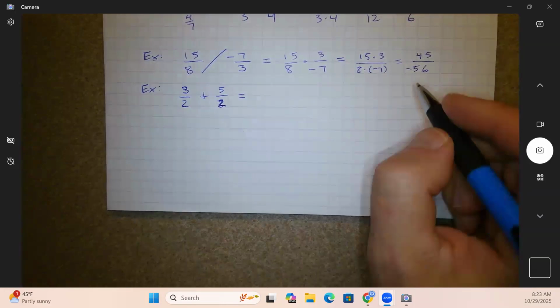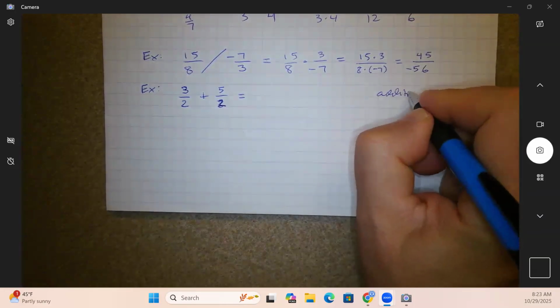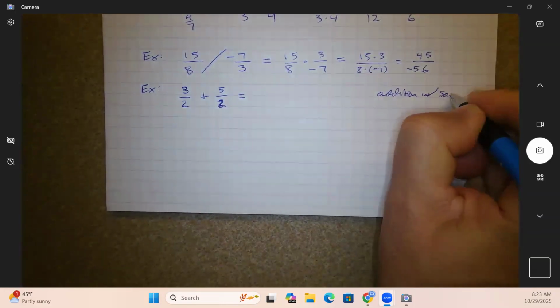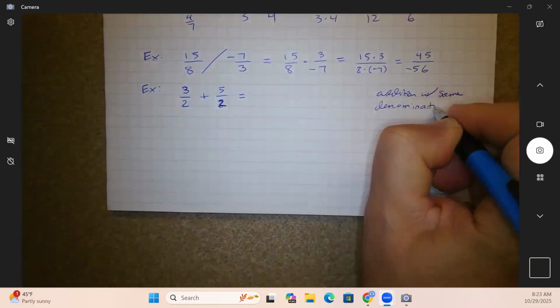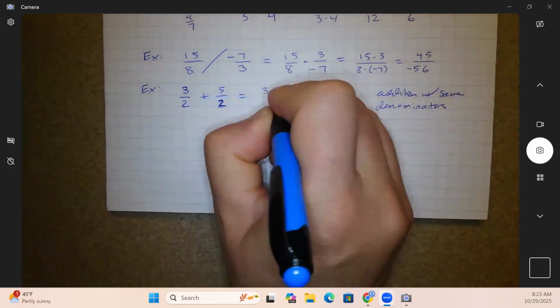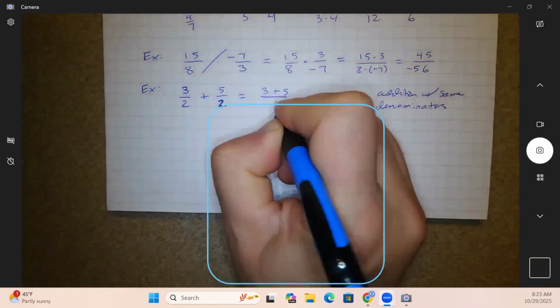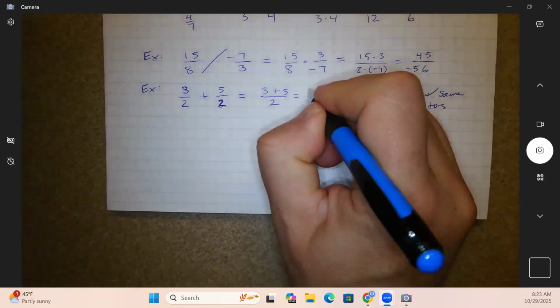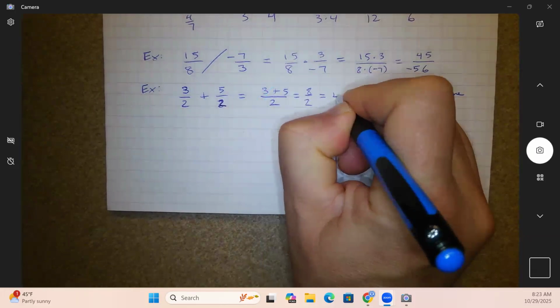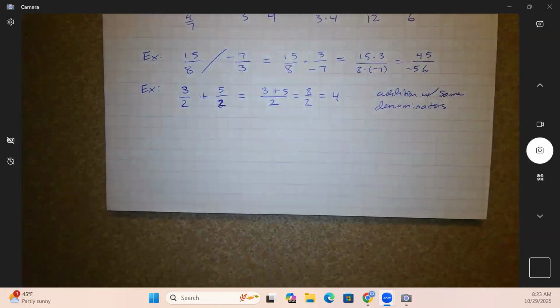Well, if the denominators are the same, you get to just add the numerators over the same denominator. 3/2 and 5/2 is 8/2, which is the right answer. It is not reduced, though. It's also equal to 4.